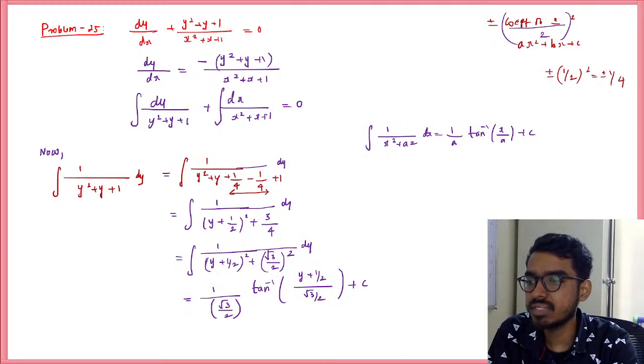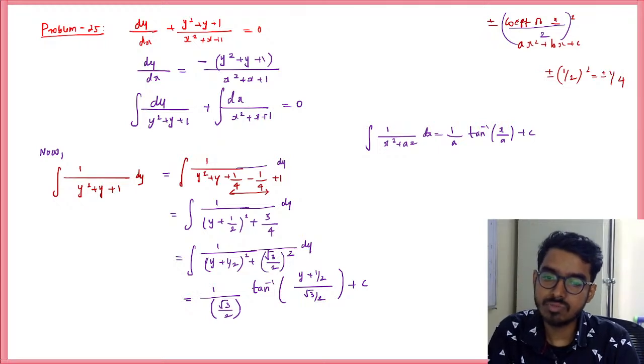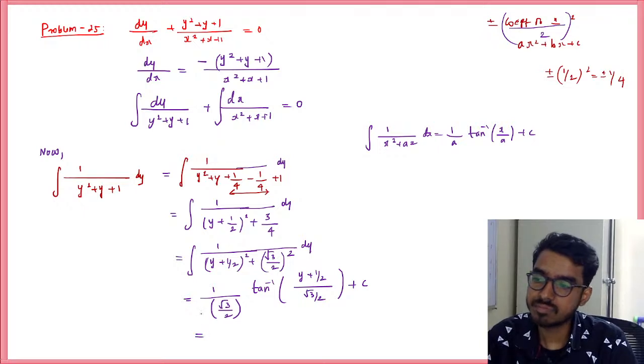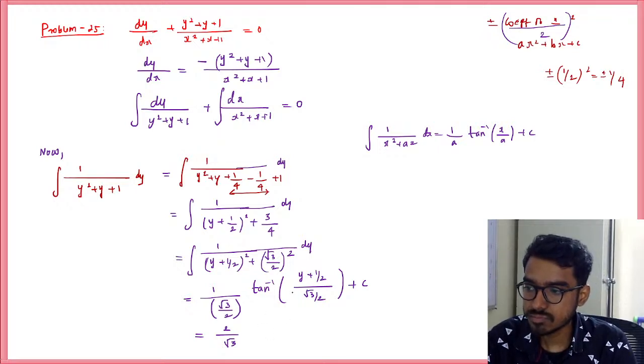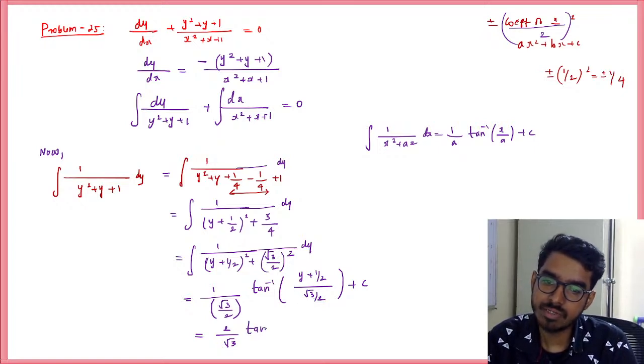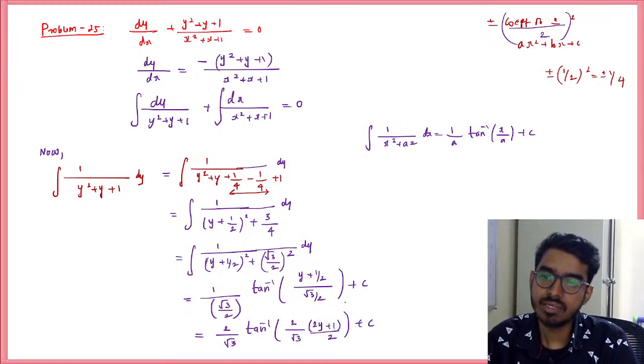So this will be 2 by root 3 times tan inverse of, after simplification, 2 by root 3 into (2y plus 1) by 2, where we take the LCM, plus c. This is the value of this integral.